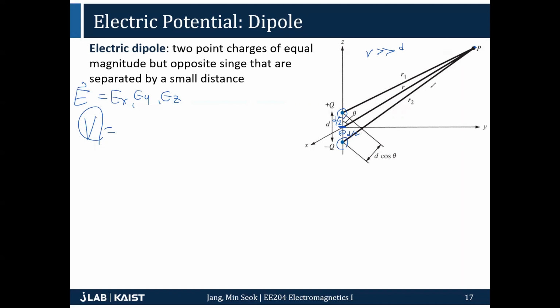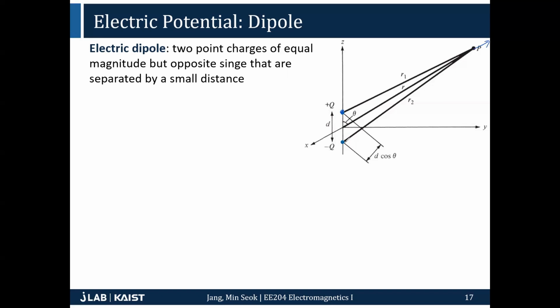Then what would be the electric field at the position P? You can imagine how to evaluate this, right? Due to charge 1, you have an electric field like this.